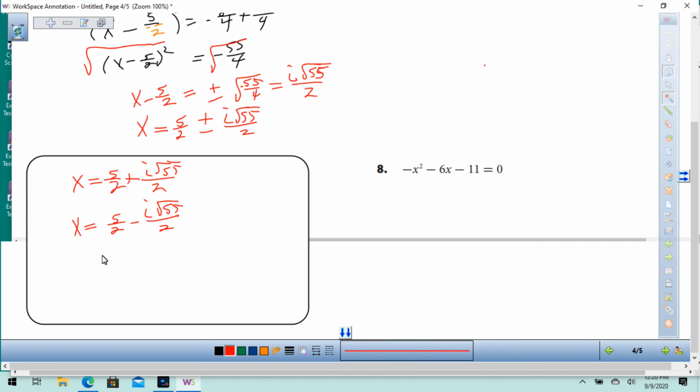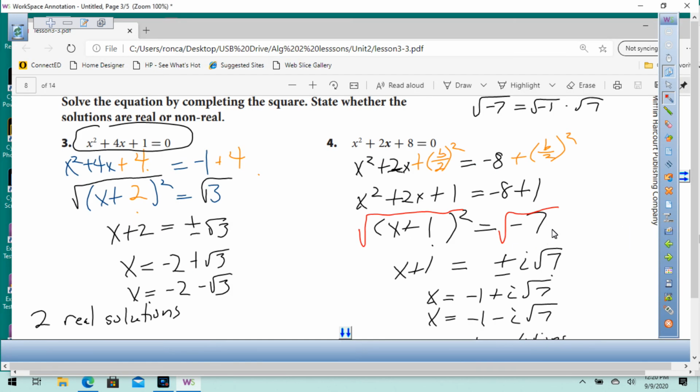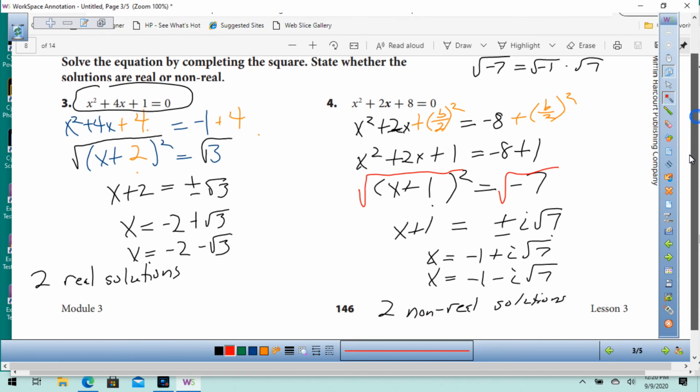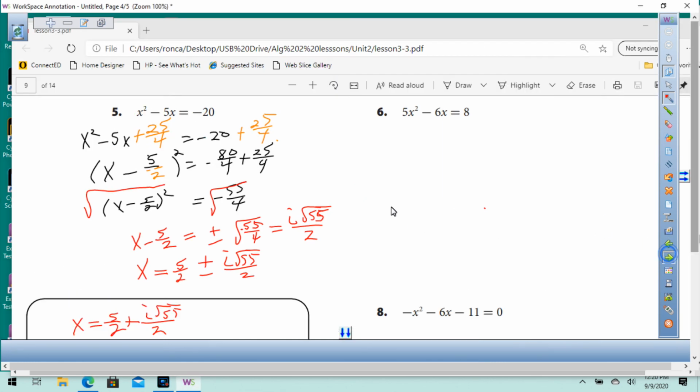And this is going to be 2 non-real solutions. Now I want to check and make sure I put it at the bottom of this here. I did. All right, good.